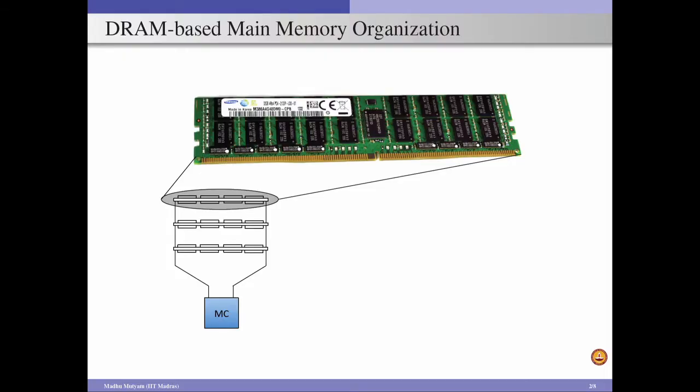So this is the physical organization of memory, which is organized in terms of a DIMM, and a DIMM consists of a collection of DRAM devices. Now we want to see how this is connected to the other components, and what the logical organization of the DRAM based memory is, which we will look at now.